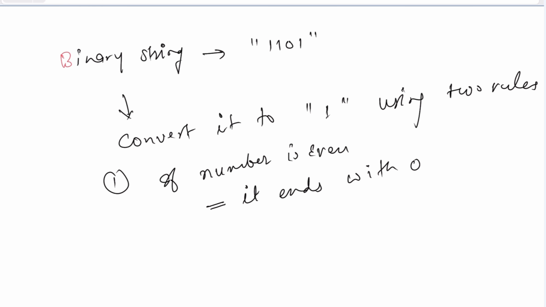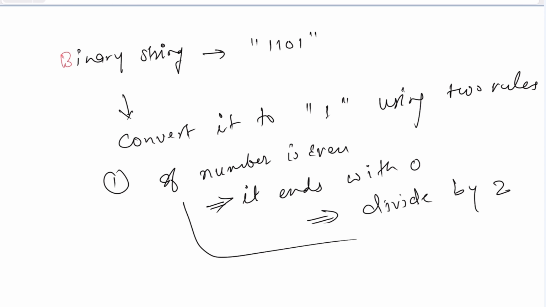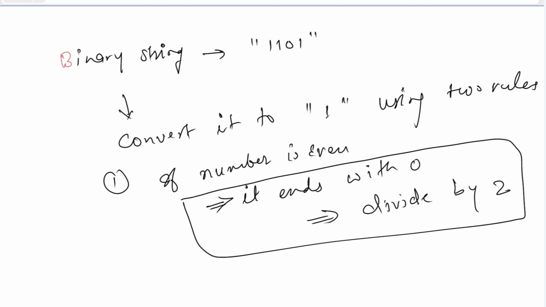If it ends with 0, then we have to divide by 2. This is the concept. If the number is even, ends with 0, then divide by 2.